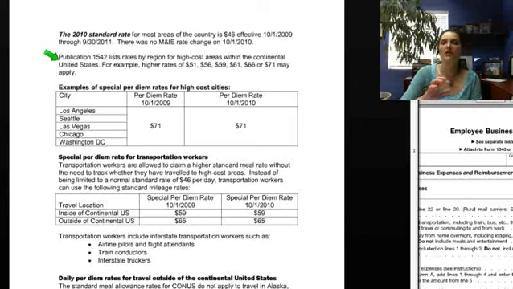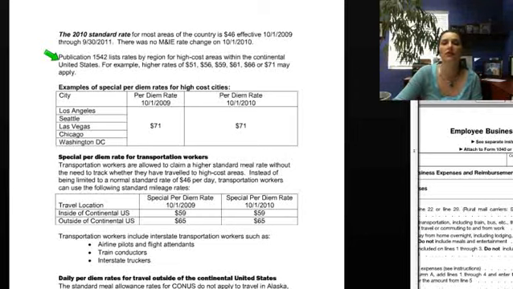So essentially there's one general overall standard meal rate for all of the continental United States, and that is $46 a day. But you may be able to claim a deduction that is more than $46 a day if you were in a high-cost area. You can go to publication 1542 for a list of the high-cost areas and the applicable rates.